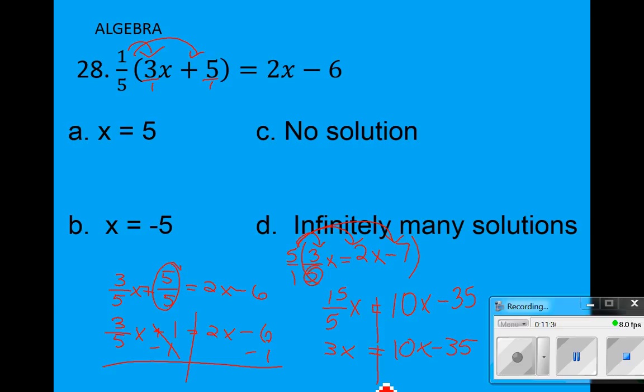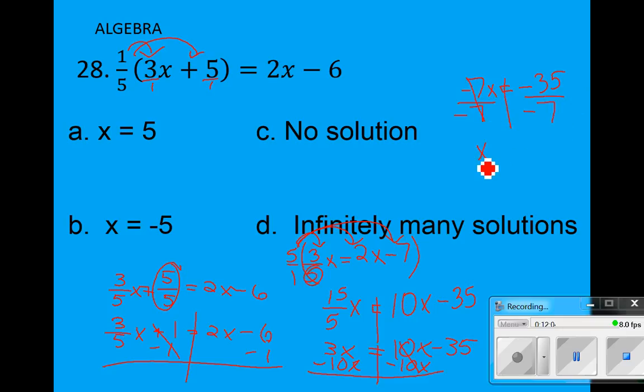Solve your two-step equation. We're going to have to move the 10x because there's not a regular number on the other side. So we're going to do minus 10x. Minus 10x. And I'm going to bring it over here because I'm running out of room. So 3x minus 10x is negative 7x equals negative 35. Divide both sides by negative 7.